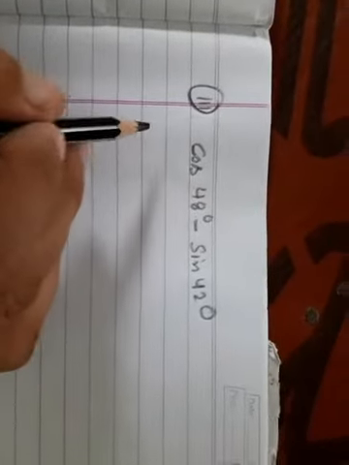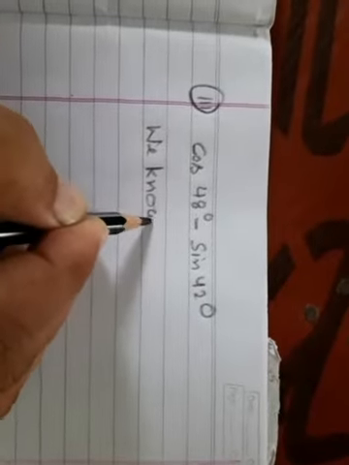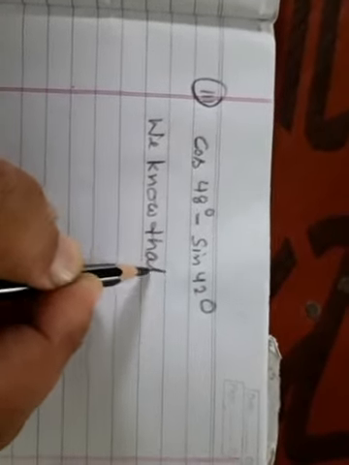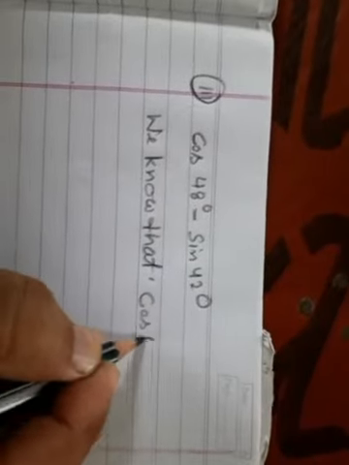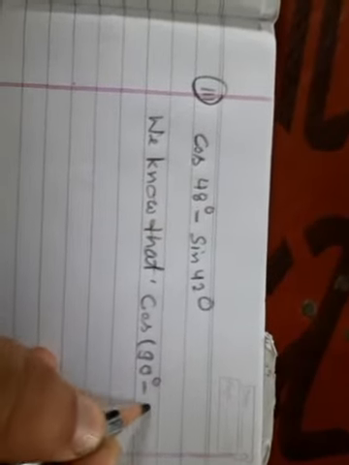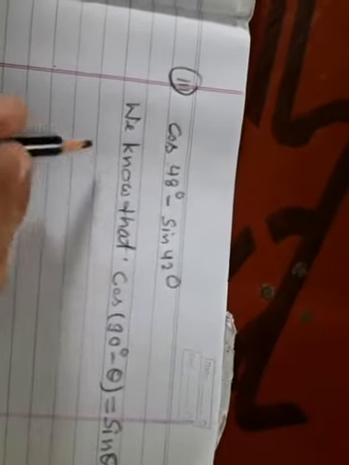We know that cos of (90 minus theta) is equal to sine theta. Look, 90 minus 48 gives 42. Clear? This is the rough work.